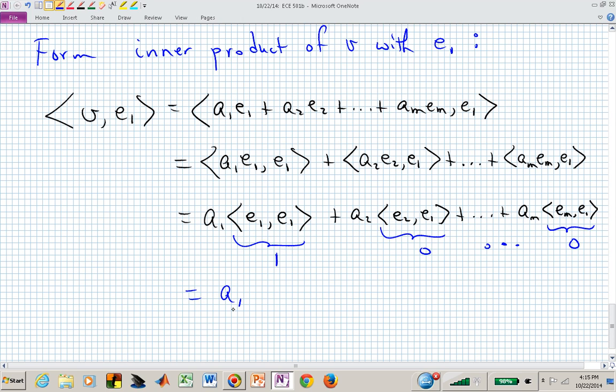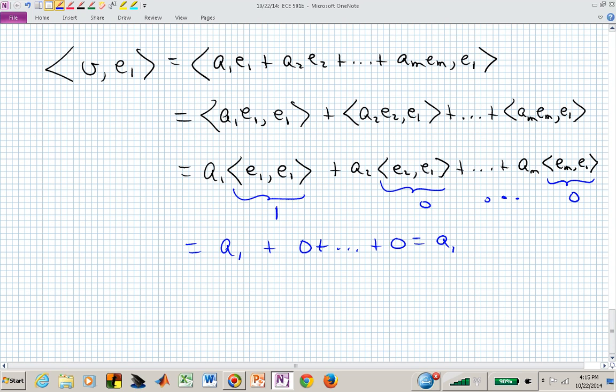We now know that the inner product of V with respect to E1 is that coefficient A1 that we had found, a second way of parameterizing that vector V. Meaning, if we want to find A1, we just form the inner product of V with E1.